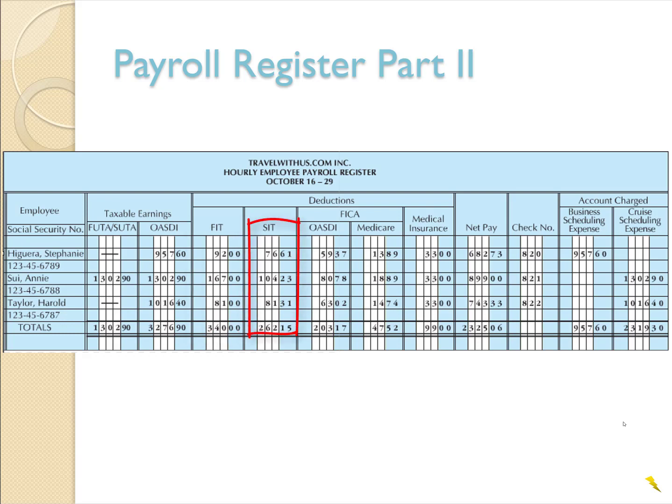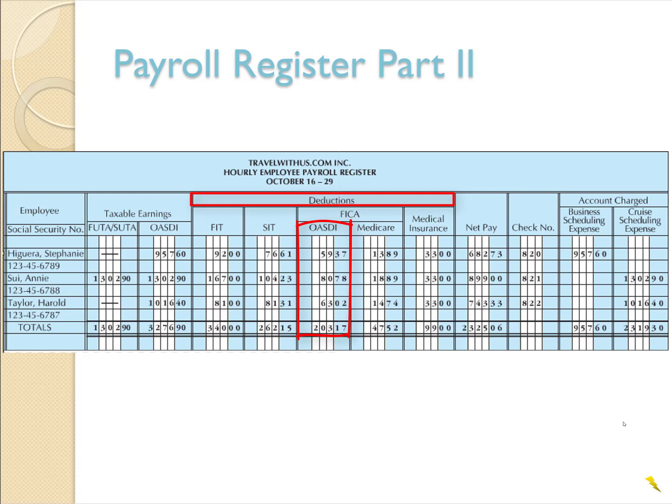And then we have a column for their FIT, federal income tax. We have a column for SIT, state income tax. And then notice these are all deductions that we're talking about now. And then we get FICA, OASDI, and Medicare. So this first OASDI column is the actual tax for OASDI that we're going to remove from Stephanie's, Annie's, and Harold's paycheck. We also have the Medicare deduction. And the way we get Medicare is we multiply the gross times 1.45%.